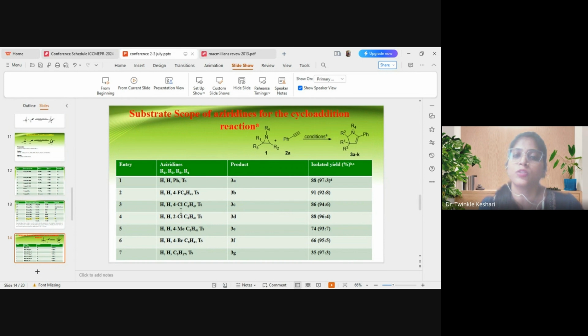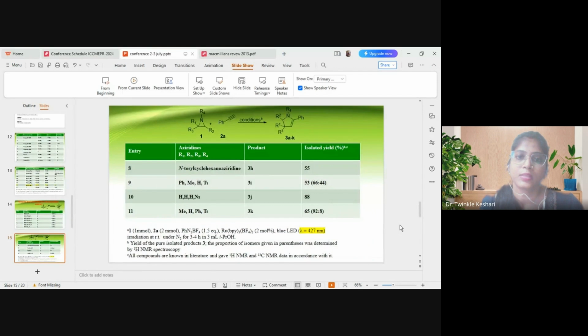In the presence of fluorine, chlorine, and methyl, there is not much change in the product yield. It is from 91 to 74% yield. In the presence of an alkyl compound, like octyl, the yield was reduced to 35%. Similarly, with N-tosyl cyclohexane aziridine, the yield was reduced to 55%. So aliphatic compounds were not so well tolerated.